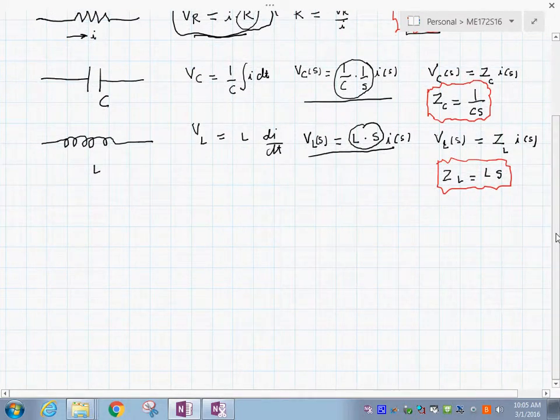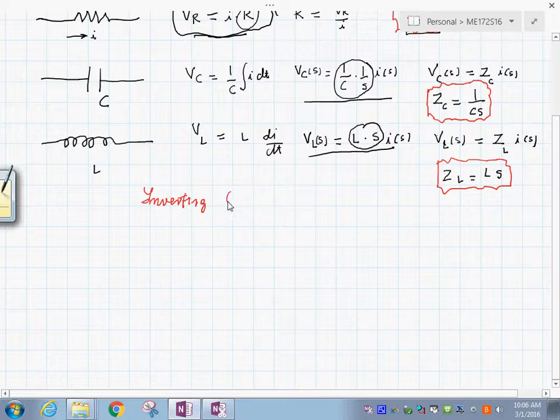One of them is called the inverting operational amplifier. Okay. Okay. So let's draw this operational amplifier, and we are going to use these concepts of impedance that we just talked about.